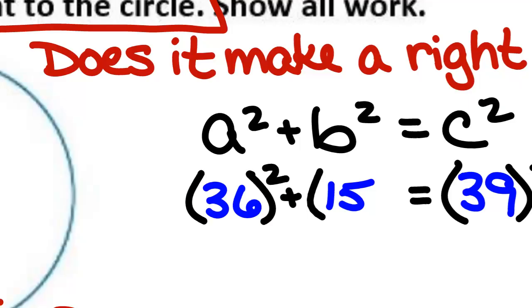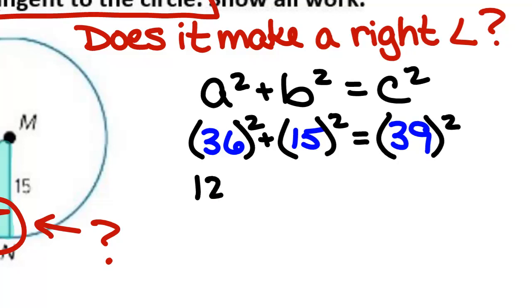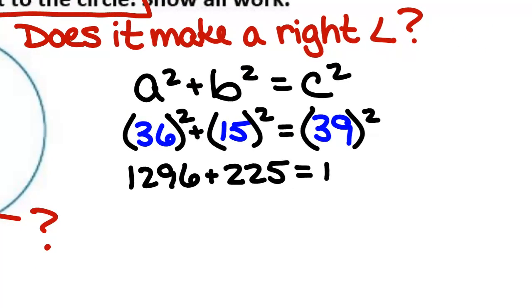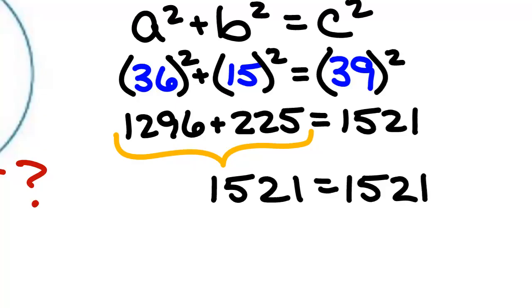36 squared plus 15 squared. What is 36 squared? 1296. And 15 squared? 225. What about 39 squared? 1521. We're going to add these two together. What do you get if you add 1296 and 225 together? 1521, which is exactly what we had on the other side of the equal sign.